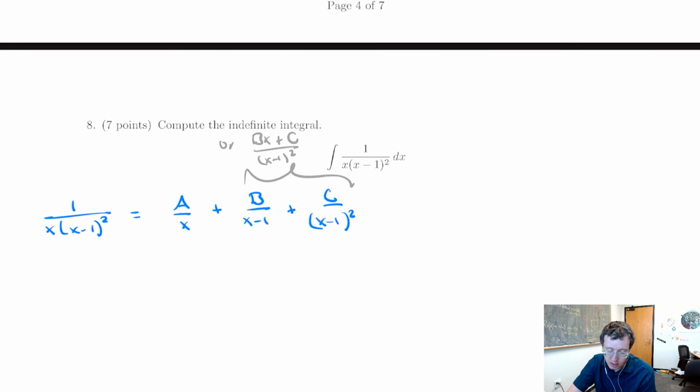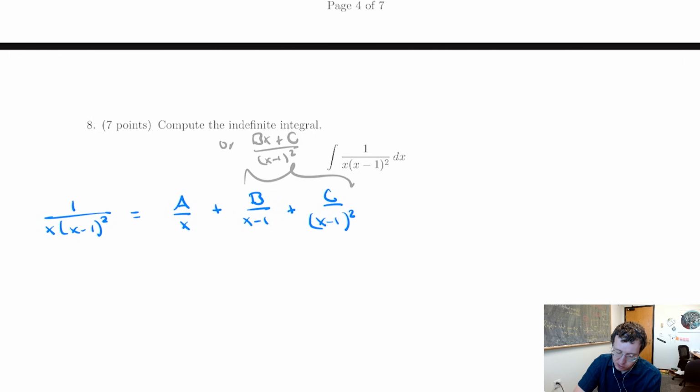The only issue with that is this is going to be a little bit harder to integrate. Right, like the integral of this thing is going to be b times the ln of the absolute value of x minus 1. The integral of this thing is going to be minus c over x minus 1. This would work just as well. It's just a little bit harder to actually integrate this.